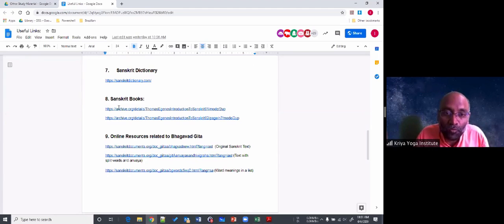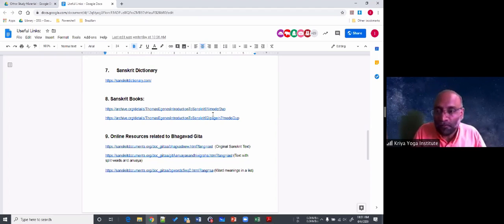It's a good book for somebody who is just beginning to learn Sanskrit. And it's available for us. I already took Dr. Egenes' permission to include the material from his book into our course material. So please go through this. You should be able to understand the 3 chapters.